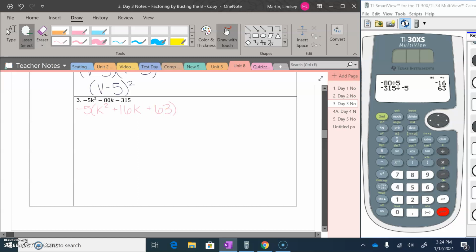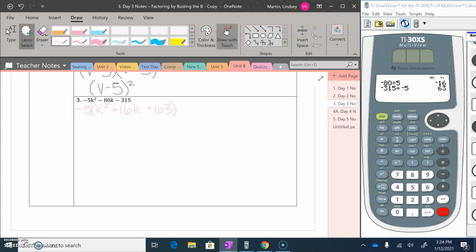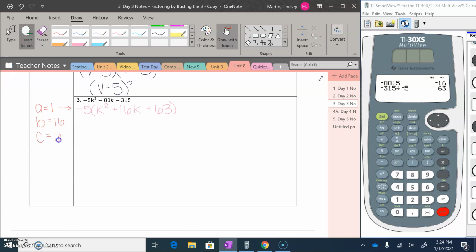Now I will bust the b using my trinomial within the parentheses. So now my a, b, and c value will come from here. A is 1, b is 16, and c is 63. You'll create your chart, a times c on the left and b on the right.